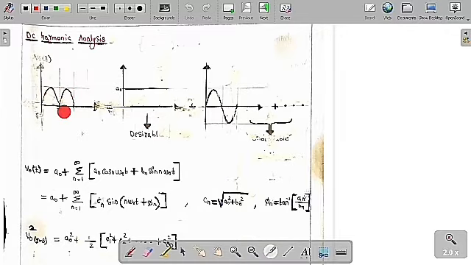Definitely for this signal, if you want to convert it in terms of the Fourier series, any periodic signal we can write in terms of sine and constant.